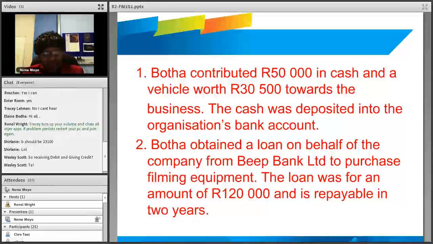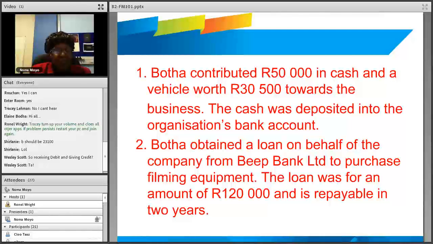Botha obtained a loan on behalf of the company from B2 Bank Limited to purchase filming equipment. The loan was for an amount of 120,000. In this case, he has started off what we call a liability. This liability will be 120,000. Which means the bank is going to receive this money.